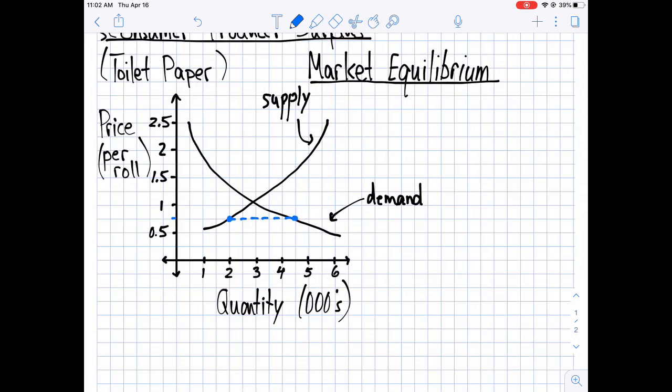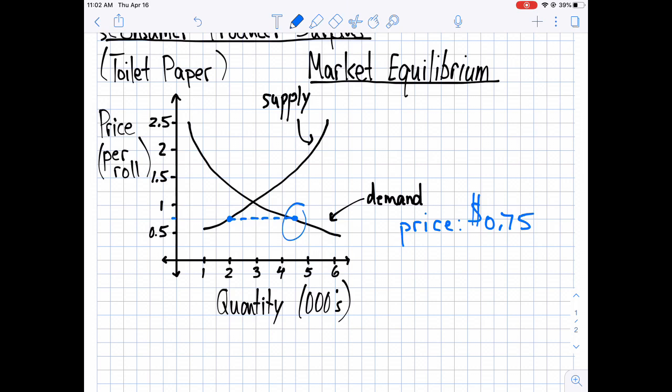So what this means then is that if the price is 75 cents, let's take a look at the demand. So the demand over here would be 4,500 rolls.